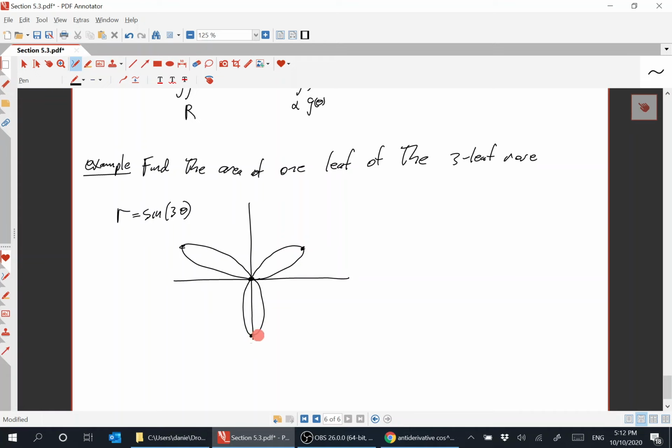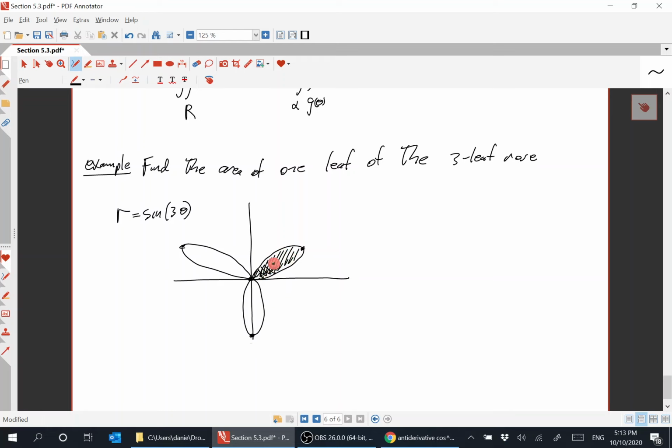So this is a radius of 1. I know this one is sticking out more, but my hand is shaking today. So that's r equals sine 3 theta. So one leaf of that rose is right here.